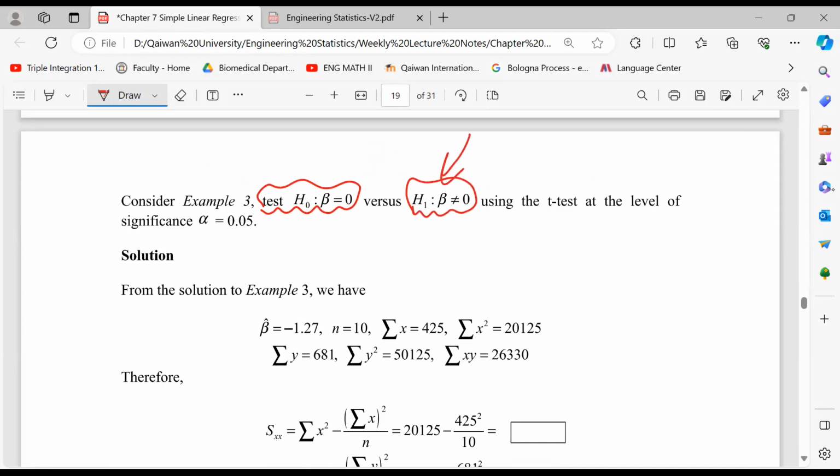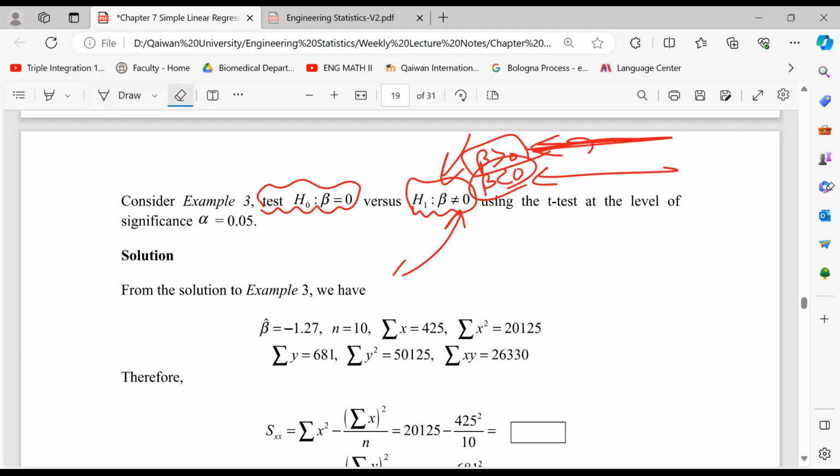This is a two-sided test. So in this case, we can use F-test or T-test; both could be used as it's two-sided. But if it says beta is greater than 0 or beta is less than 0, we cannot use F-test. We just need to use T-test.